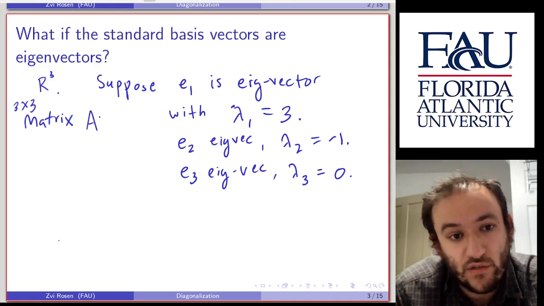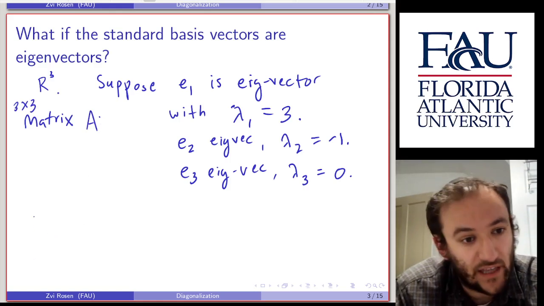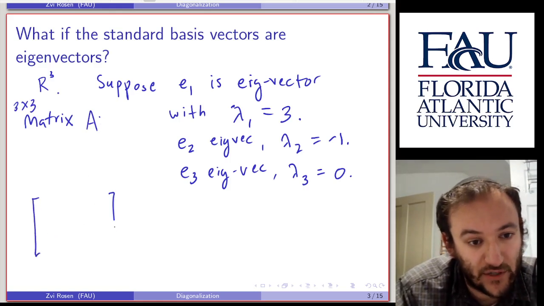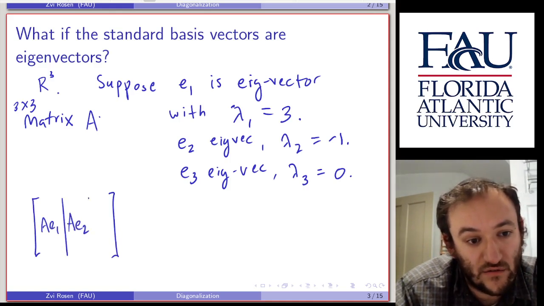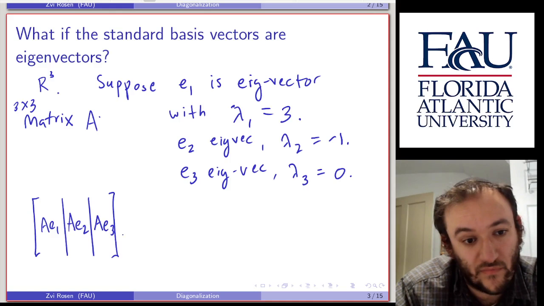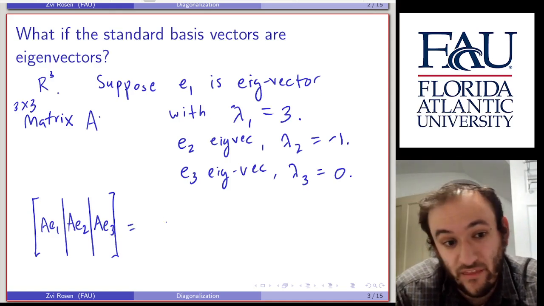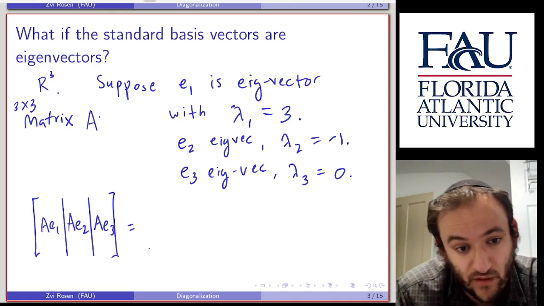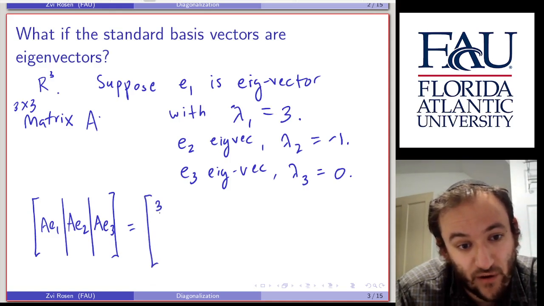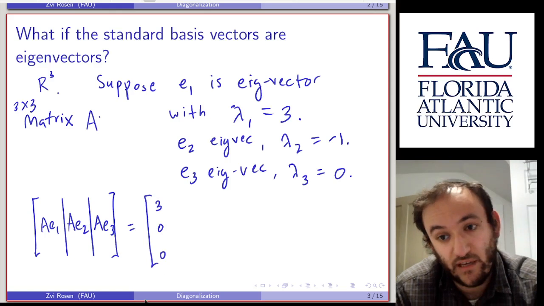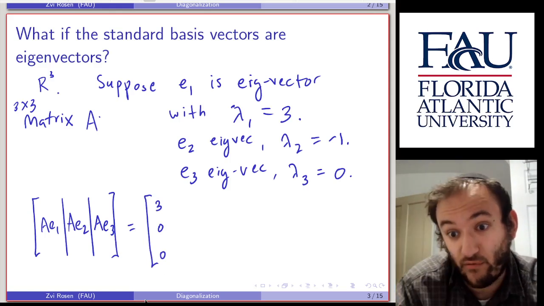So what does A look like? Well, we know that you can write the matrix explicitly by writing AE1, AE2, and AE3. And we know that AE1 is just scaling it by 3. So it'll give back 3 and 0, 0 because you don't get any copies of E2 or E3.